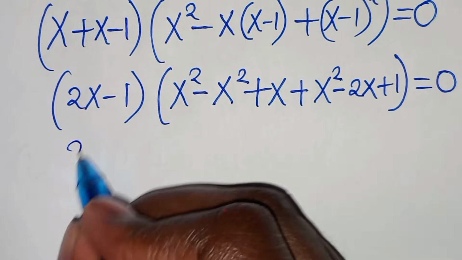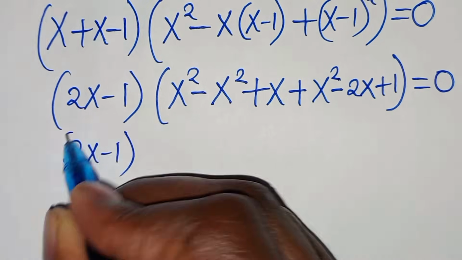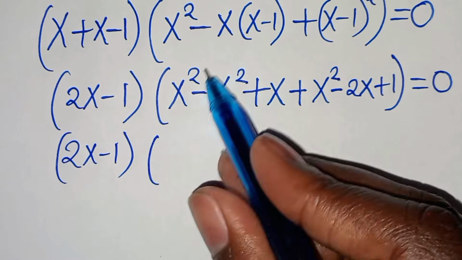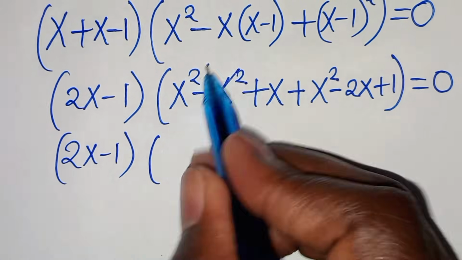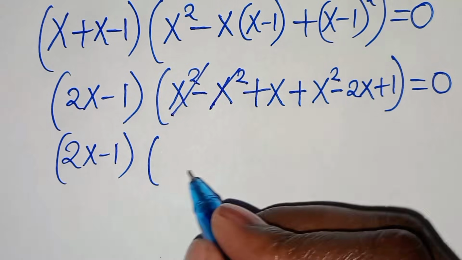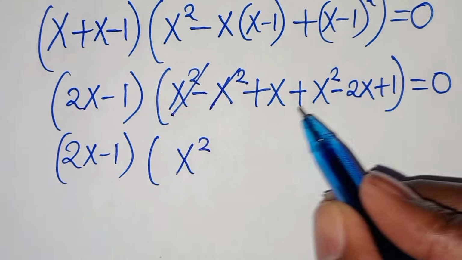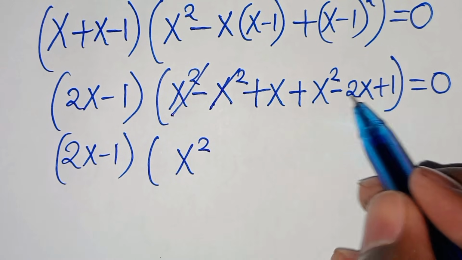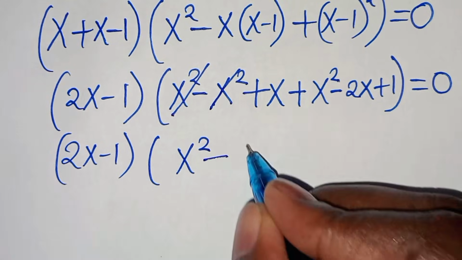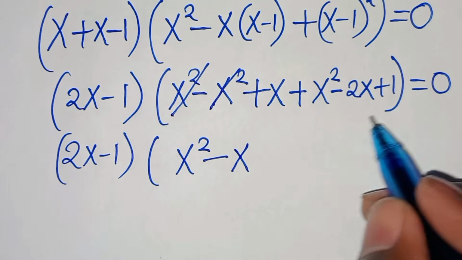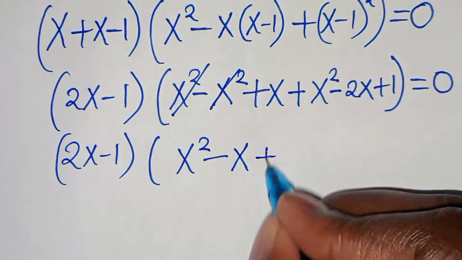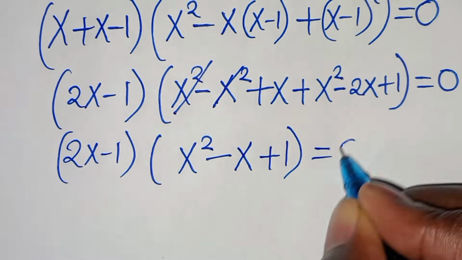So this is 2x minus 1. Then here we have x squared minus x squared, this simplifies. Then here we have x to the power of 2. Now we have x minus 2x, this is minus x. Then we have plus 1, close the parentheses. This is equal to 0.